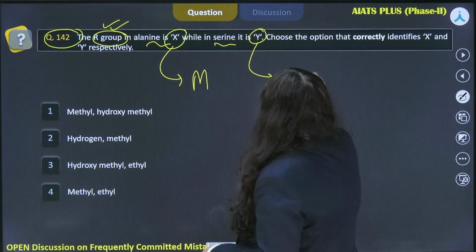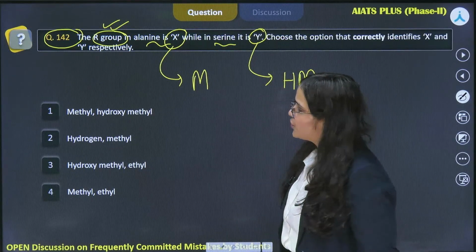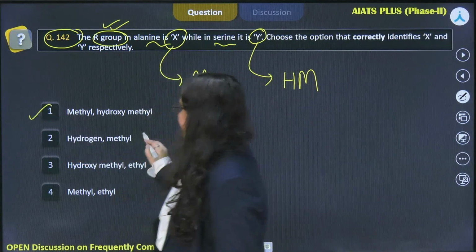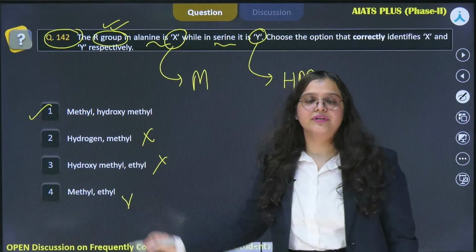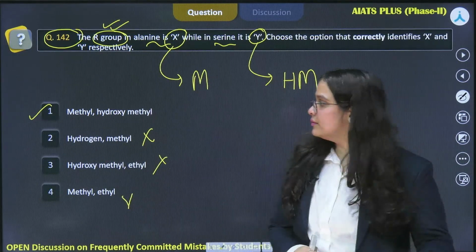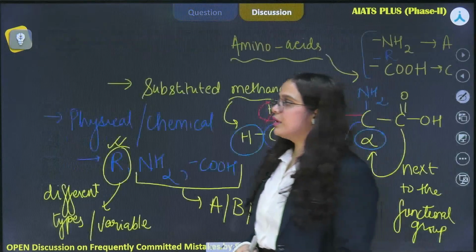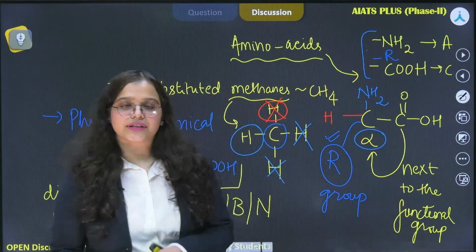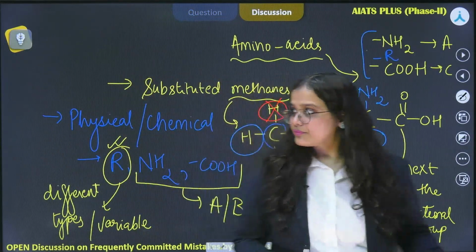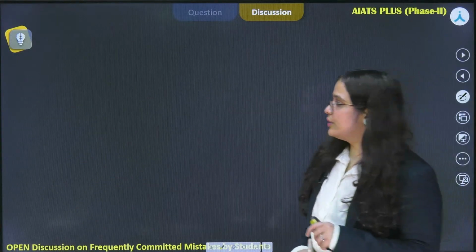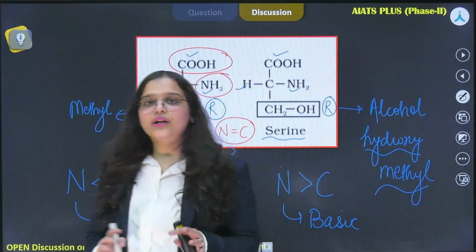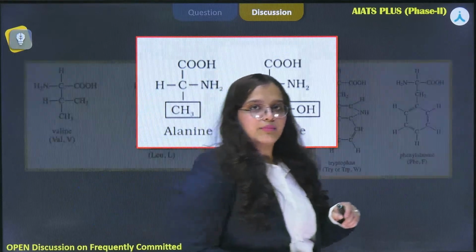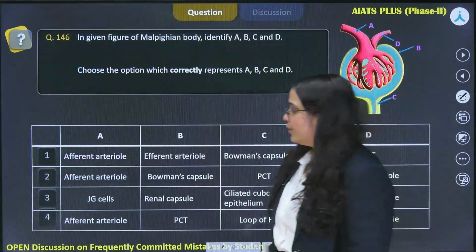And in the options given, I can see my first option states the same, therefore the right answer will be option 1, and we'll straight away eliminate the other options. So this was all about amino acids, their nature, how they are categorized, and we also talked about the aromatic amino acids. So all these concepts are important when it comes to your NEET exam.